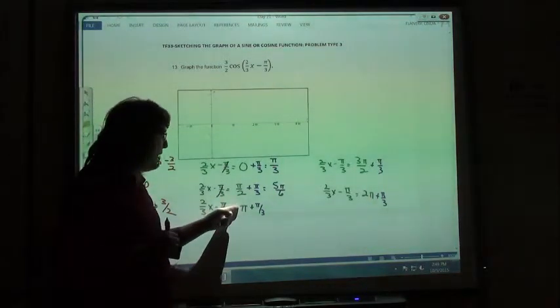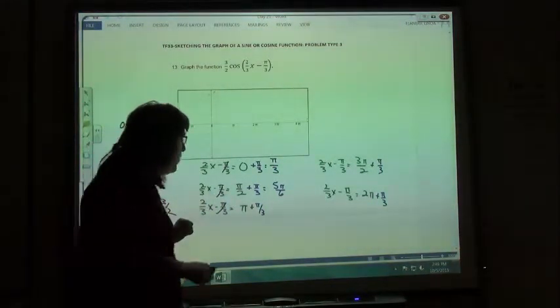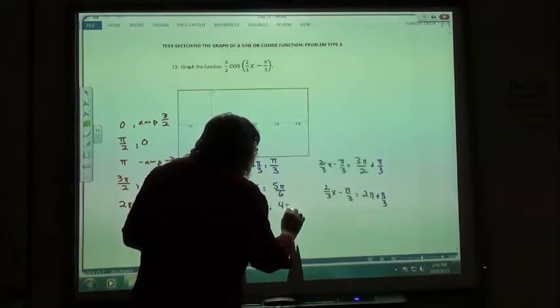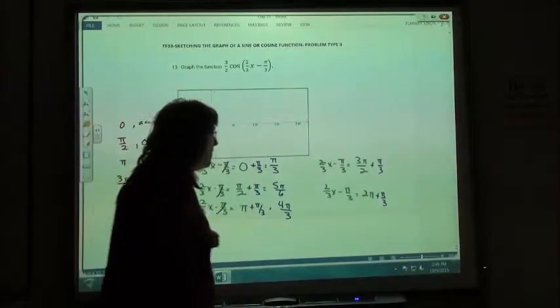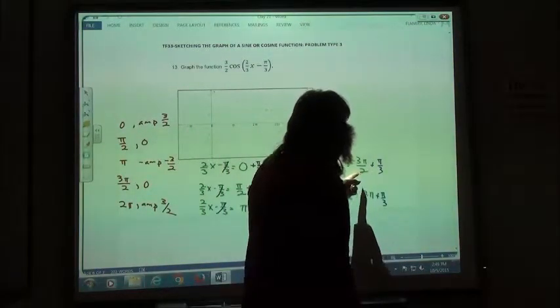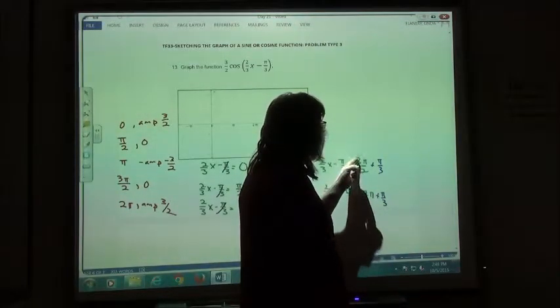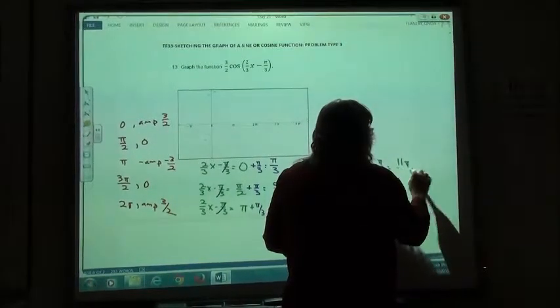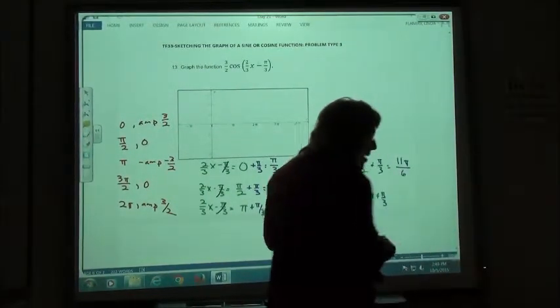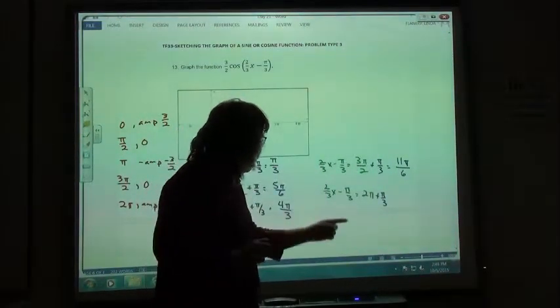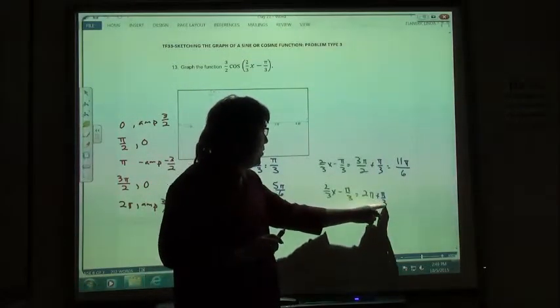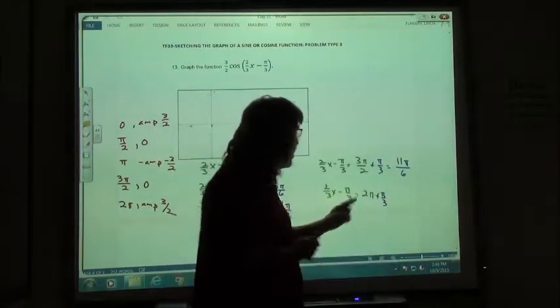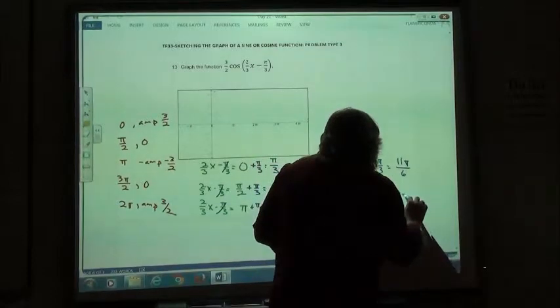Here, I'm going to have 3 pi over 3 plus 1 more pi over 3, so I'm going to get 4 pi over 3. Here, I'm going to go over 6, so I'm going to get 9 plus 2, 9, 10, 11. 11 pi over 6.